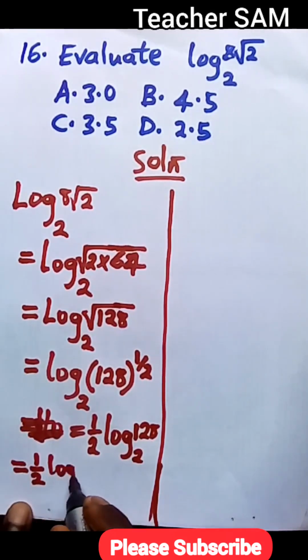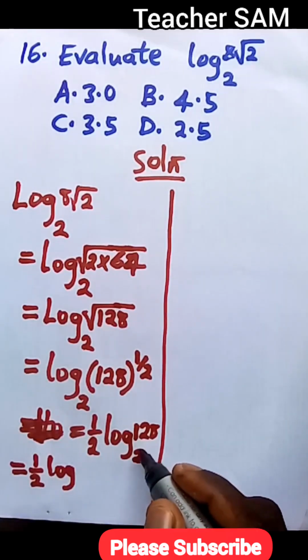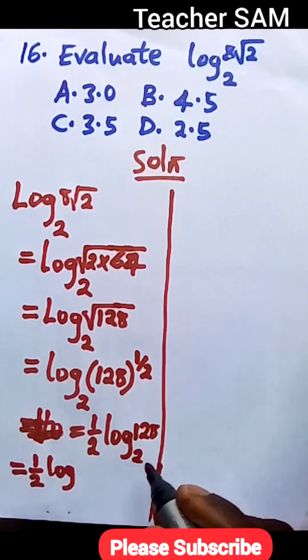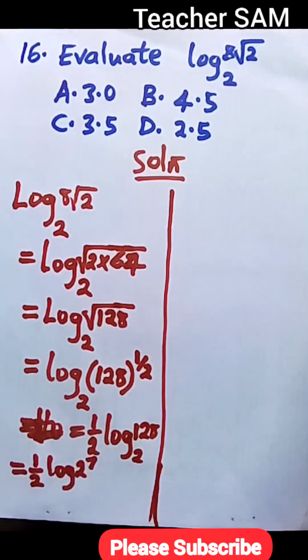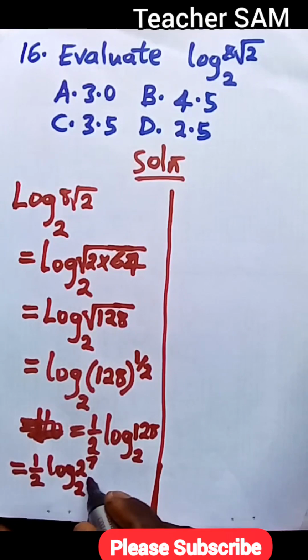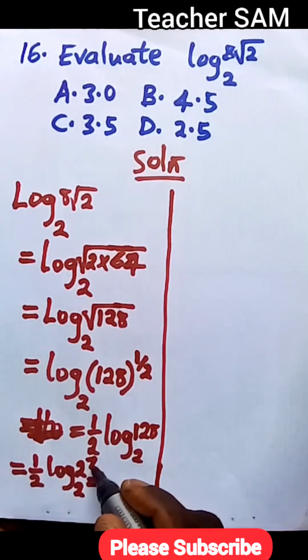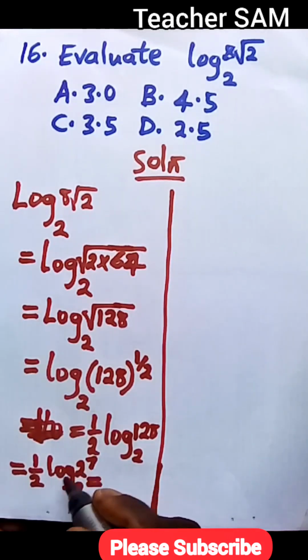Now 128 in powers of 2 is the same as 2 raised to power 7, because when you express 2 raised to power 7, you still have 128, to our base 2. I'm going to bring this out as well, because it is the power of the log.